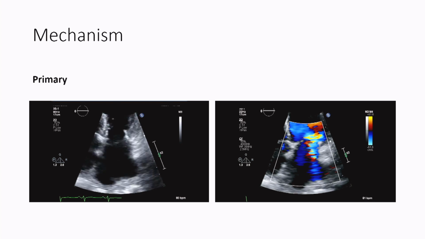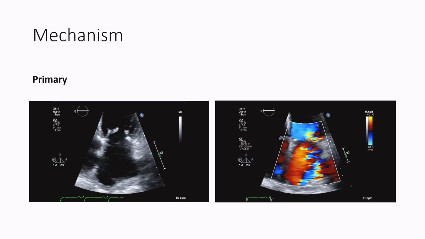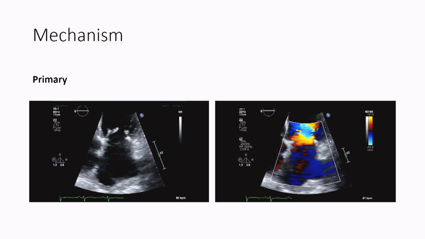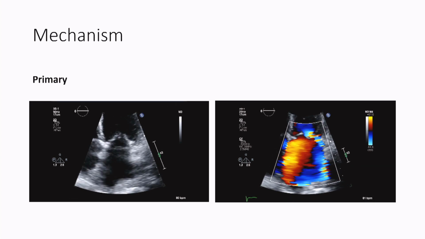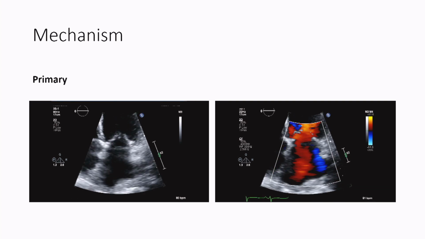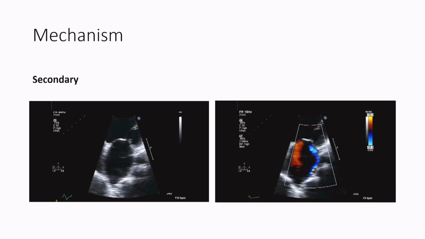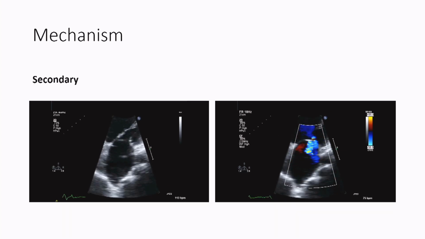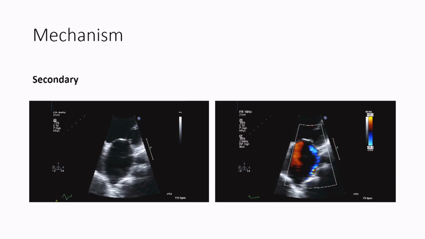Starting with the mechanism, from the transthoracic echo you can easily identify primary MR, where you see any prolapse or a flail leaflet, or look for secondary features, where there is a tethered posterior mitral leaflet with a relative prolapse of the anterior mitral leaflet, associated with LV dysfunction or regional abnormality in the posterior inferior wall.